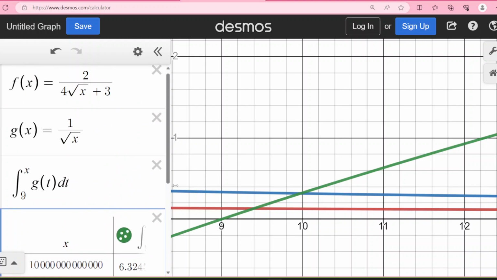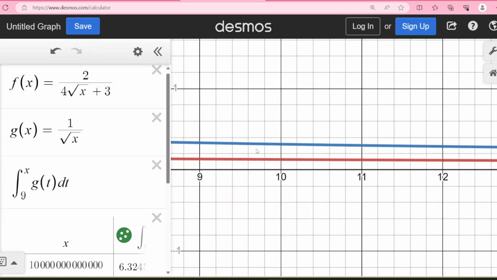So the area under my blue curve, under g, under 1 over the square root of x, is getting huge. Remember, that doesn't tell me anything about the smaller one, under f, under the red curve. That could be small enough to be convergent, but it could also be close enough to the blue one to be divergent.